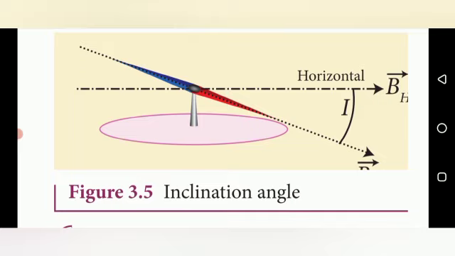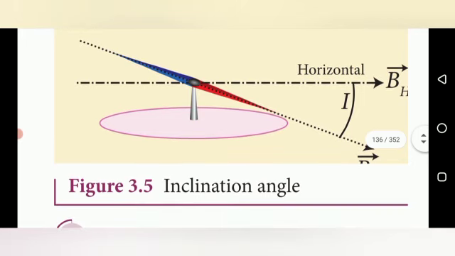I think you know how to find the two components from one resultant: you split into x and y directions, one with cos and one with sin. That's why we get BH equal to BE cos I and BV equal to BE sin I. If you have any doubt, ask me. I have explained clearly how this is resolved into two components.